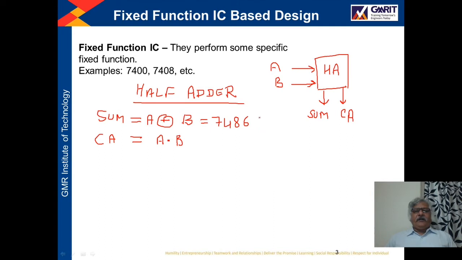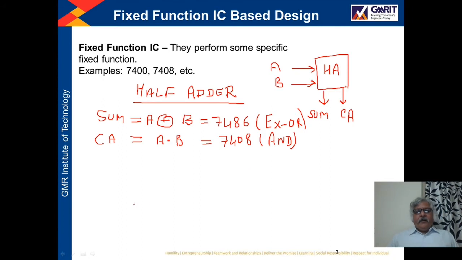This IC will perform the fixed function of two input XOR logic, right? And to implement the carry expression, the engineer will purchase one IC 7408. These ICs are readily available in the market, so he will purchase them from the market. The expressions for sum and carry are already developed. Now he already has these ICs.